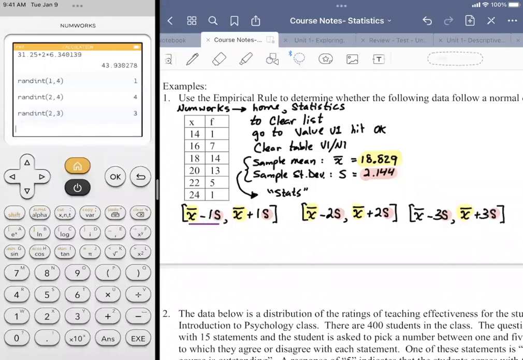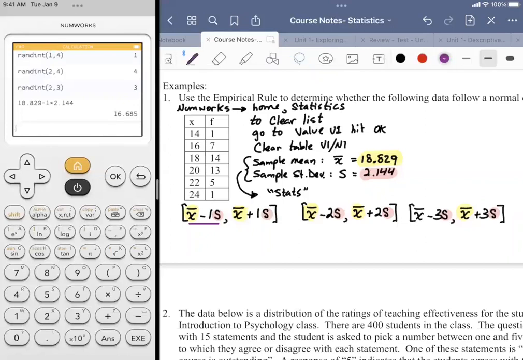So X bar, which is 18.829, minus 1s. So 1 times 2.144. That's going to be my first computation, which gives me a 16.685. So that result goes right here.